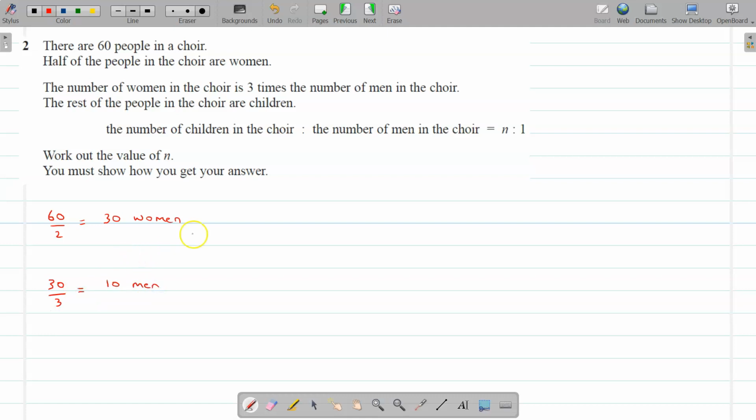It then tells me the number of children to the number of men in the choir is n to 1, but it also tells me that the rest of the people in the choir are children. So if I've got 30 women and 10 men, and I've got 60 people altogether, then the number of children is 60 minus 30 minus 10, and that gives me 20 children.